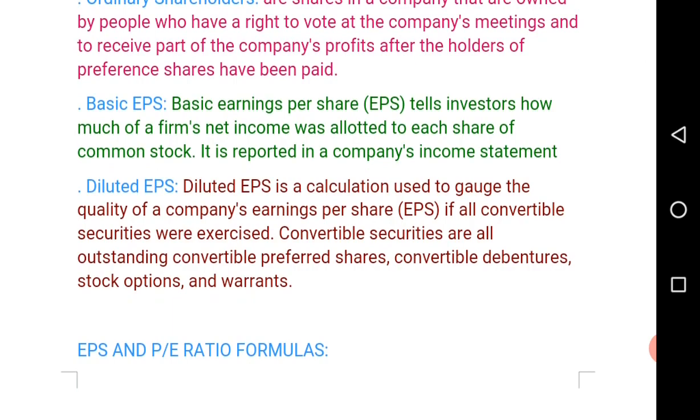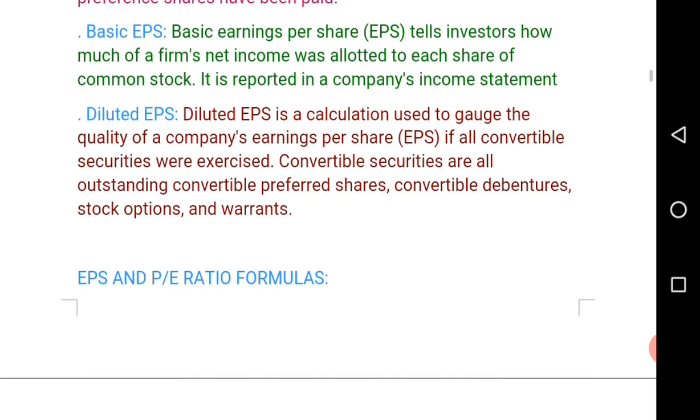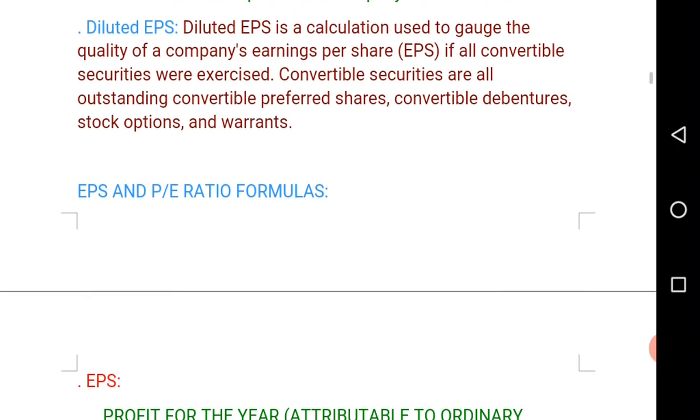So the basic difference between basic EPS and diluted EPS is the convertible part in the diluted EPS. We'll also cover the convertible area in this note, so we'll wait till then to know how to differentiate them.